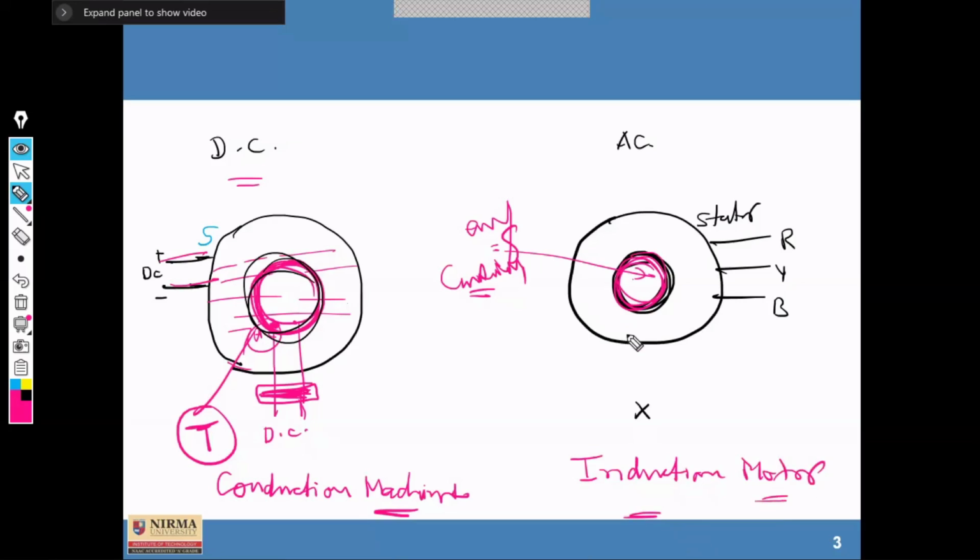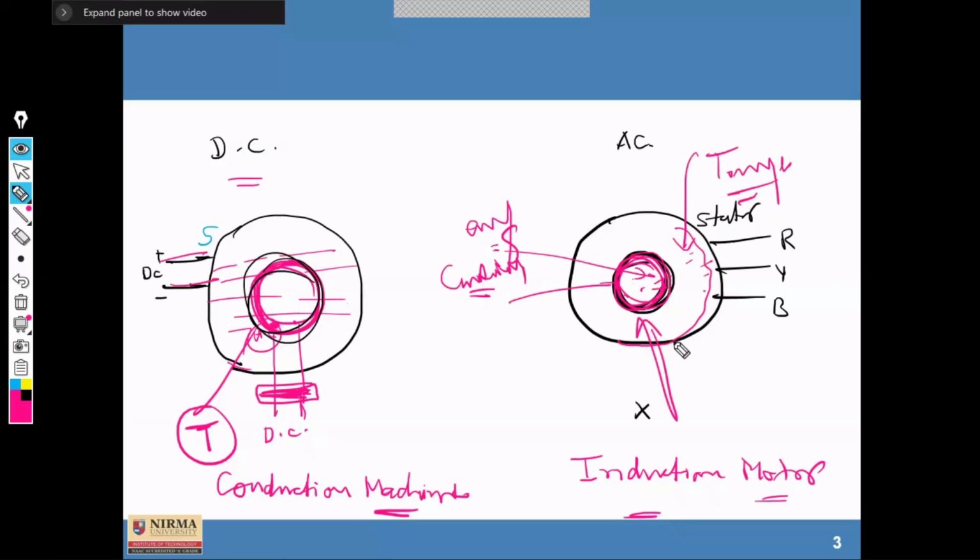Clear? So the magnetic field is created with the help of the supply given to the stator, and there is a magnetic field due to the current flowing through the rotor. So again, the interaction of these two different fields exerts a torque. So why is it called induction motor?